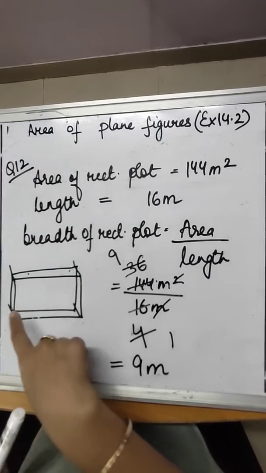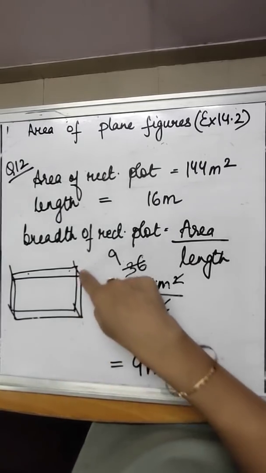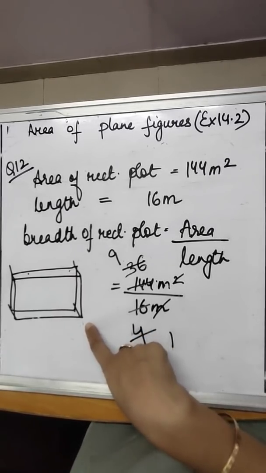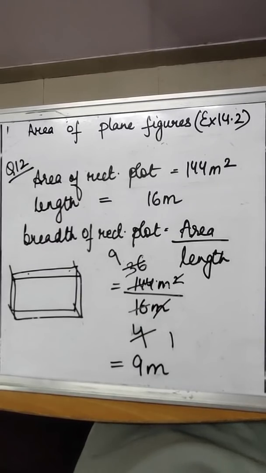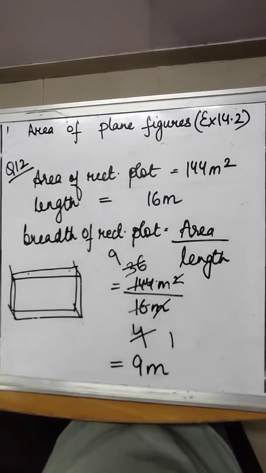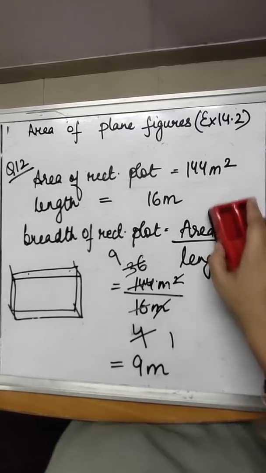So when I am putting a boundary like this on a rectangular plot, I am fencing it. So I am taking the boundary portion, means now I have to find out the perimeter. I have to find out the perimeter of the rectangular plot, then only I can find out the cost of fencing. Once I have the perimeter, I will multiply it by the rate that is given and I will get the total cost of fencing.